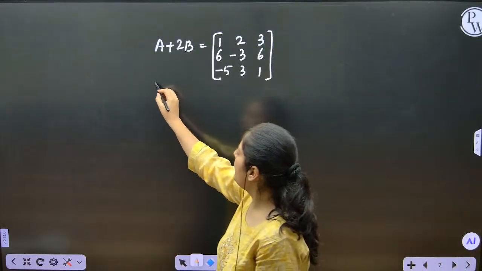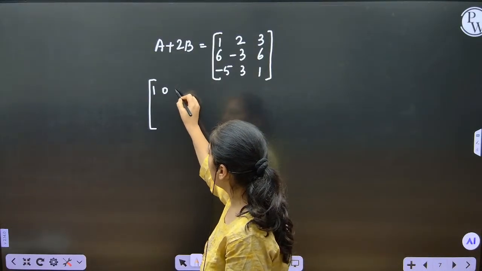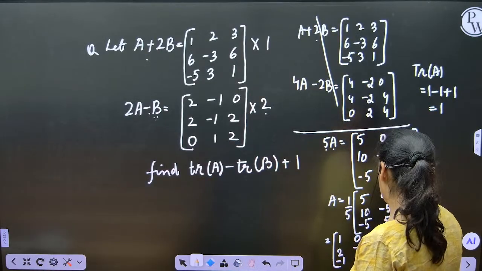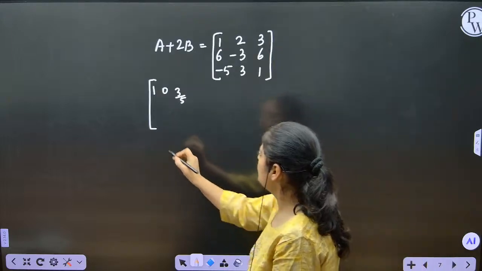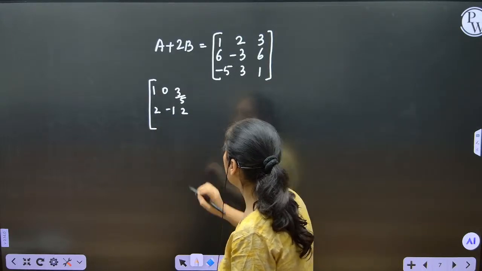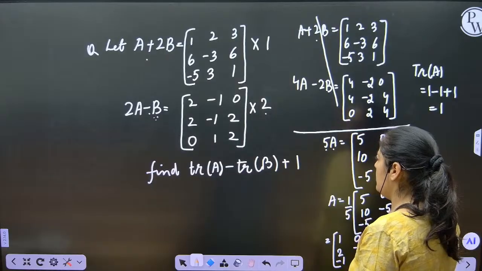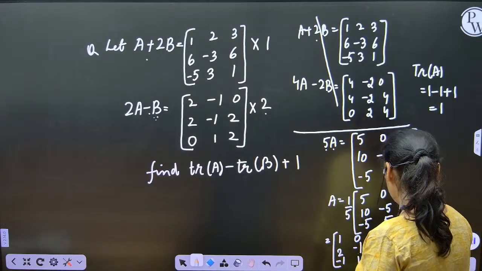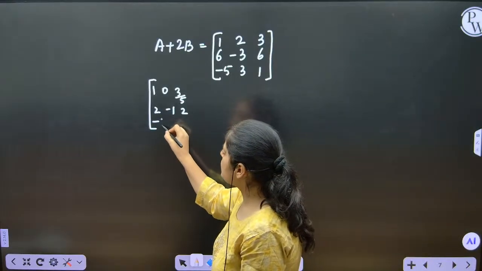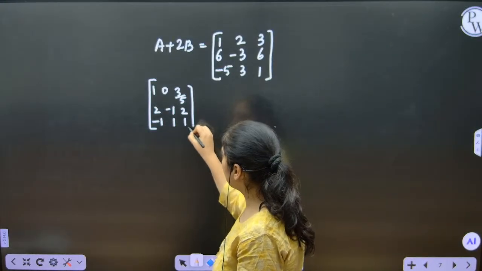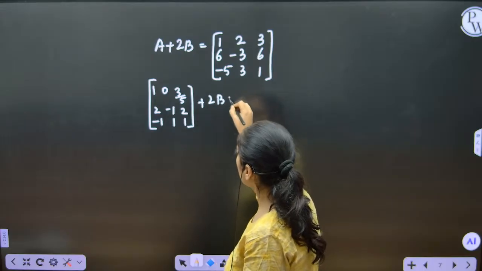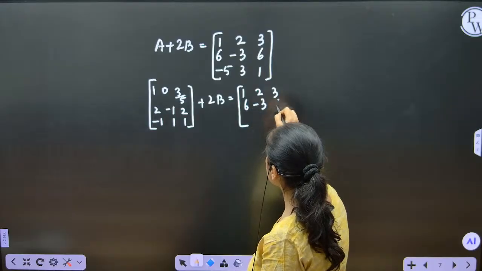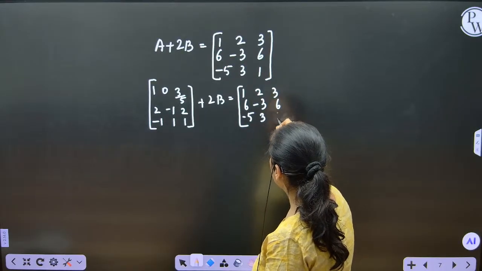1, 0, 3 by 5, 2 minus 1, 2, minus 1, 1, 1. 1, 2, 3, 6 minus 3, 6, minus 5, 3, 1.